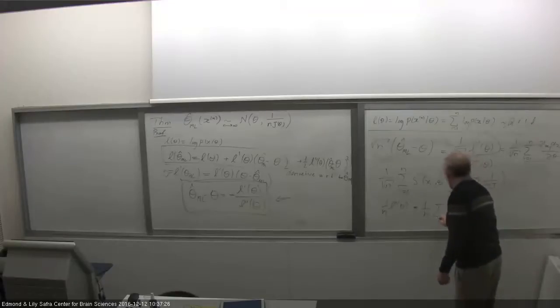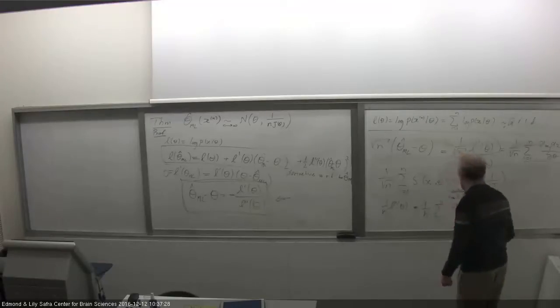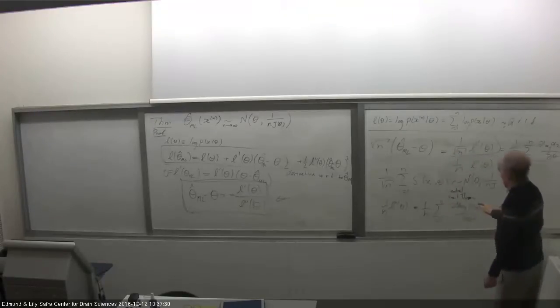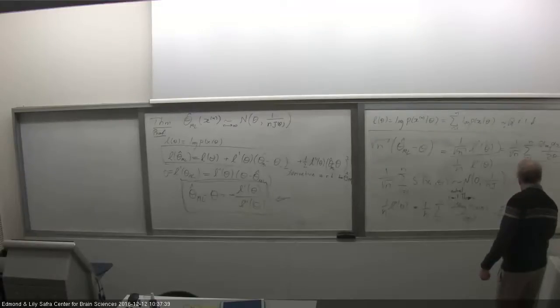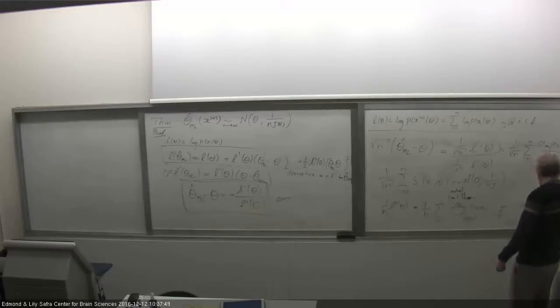But this is something, again, you're going to show in the exercise, that this is exactly the expectation of d log p(x; theta) over d theta squared, which is J of theta.